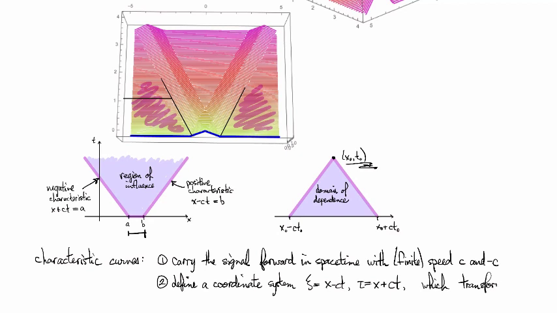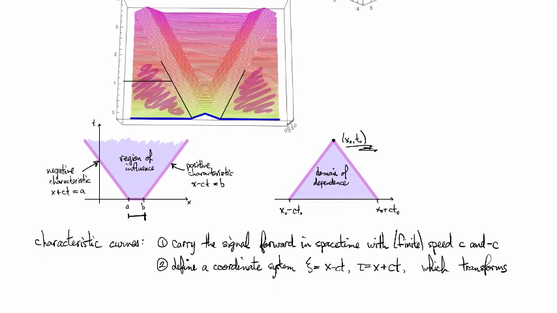And this transforms the initial wave equation u_tt minus c squared u_xx equals 0 into the new and simple PDE u_xi tau equals 0.